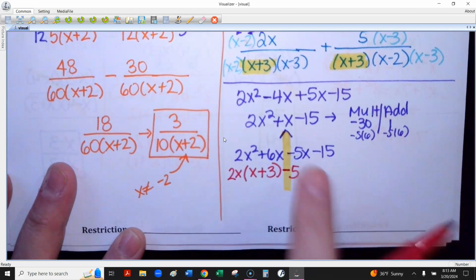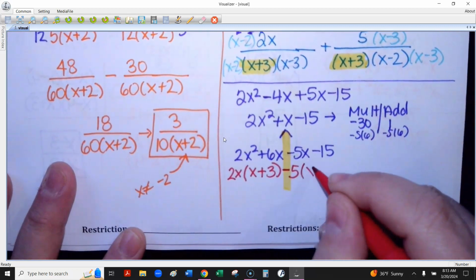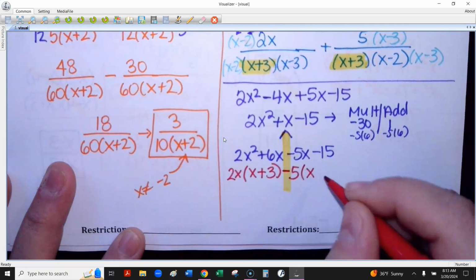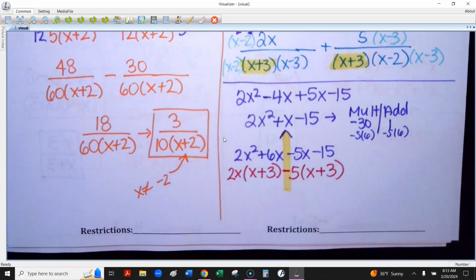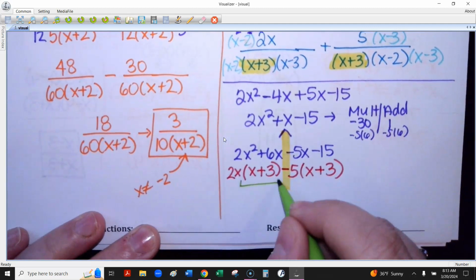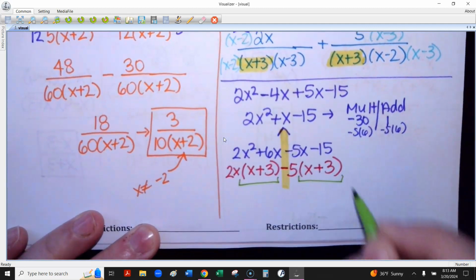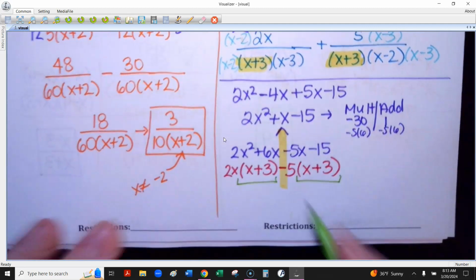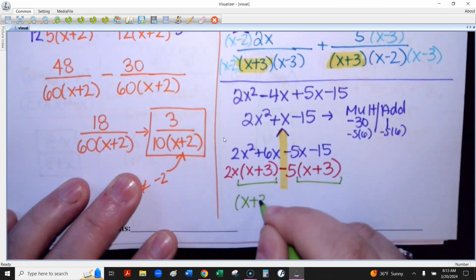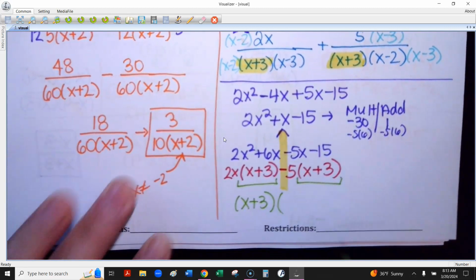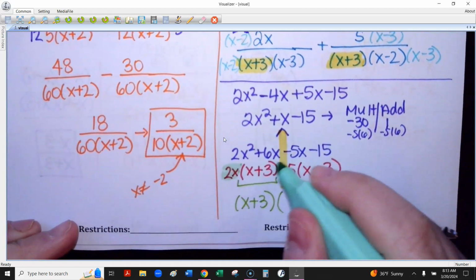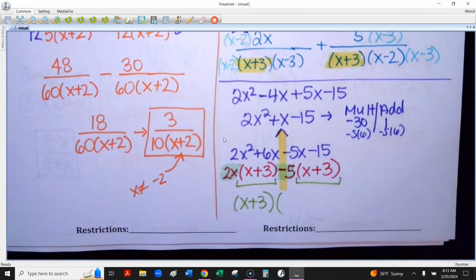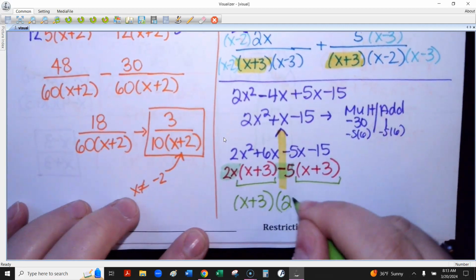And then left over, that would just be a plain x. Negative 15 divided by negative 5 would be 3. And then if we've done this correctly, these two match. And so I'm going to just pull that out of both terms, x plus 3. And the leftover is your other factor, so what you had out in front, the 2x and the minus 5.